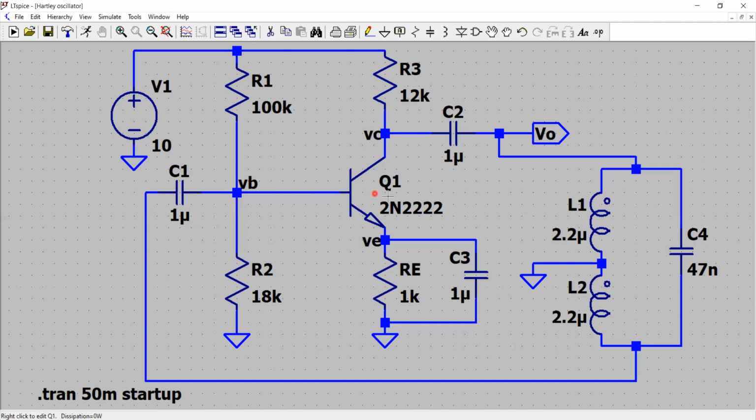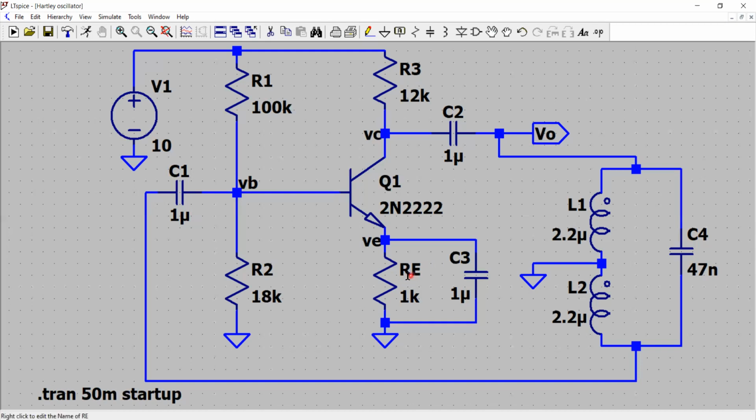Gain is then decided by gm times R3, as I said before. But for the other frequency range, the way you design the circuit is in such a way that you have a minimum frequency and a maximum frequency where the gain is flat.